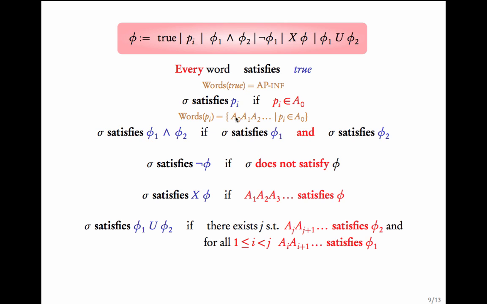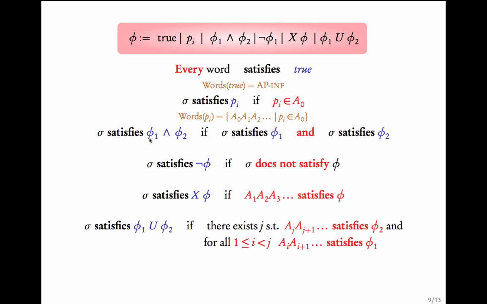So with the LTL formula P1, you associate a set of words. And what is the set of words? It is the set of all infinite words that have P1 in the initial letter. That is it. Hope you understand this definition is the same as the easy sentence, the set of all words where P1 occurs in the initial letter.